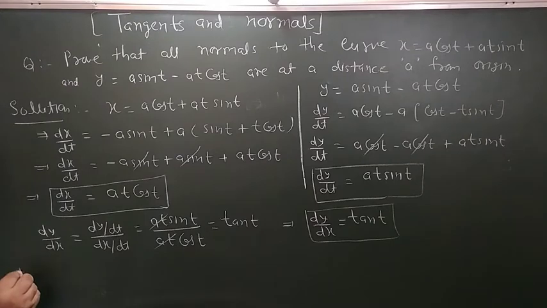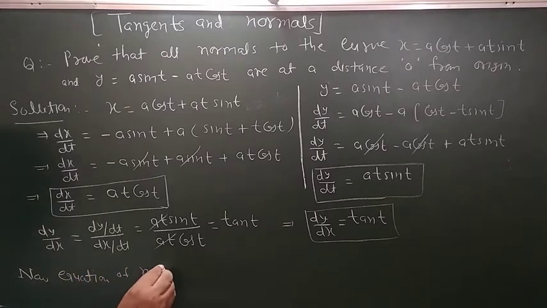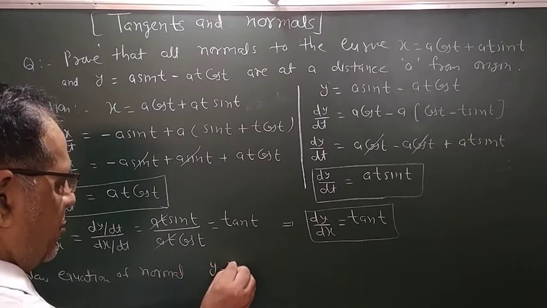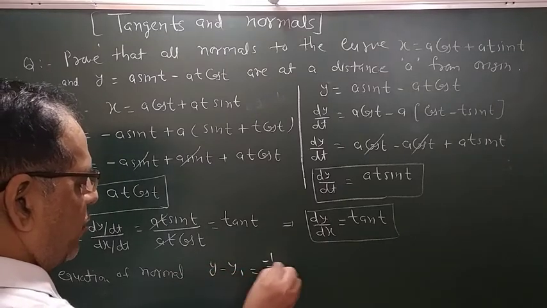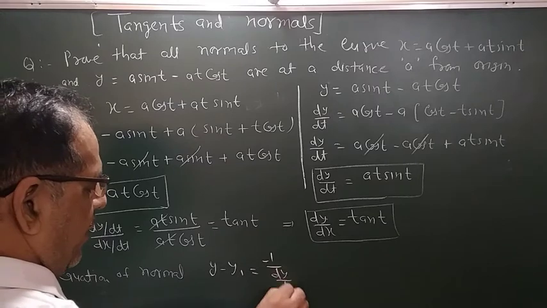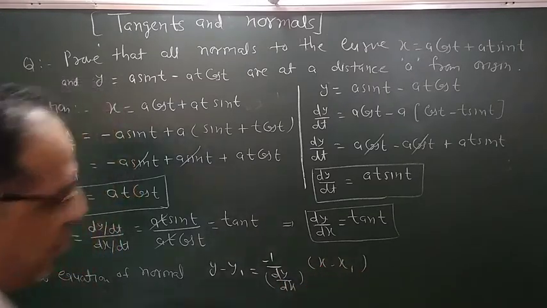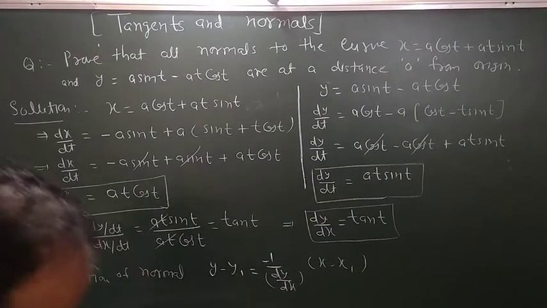Now the equation of normal. Y minus y1 equals minus 1 upon dy over dx times x minus x1.